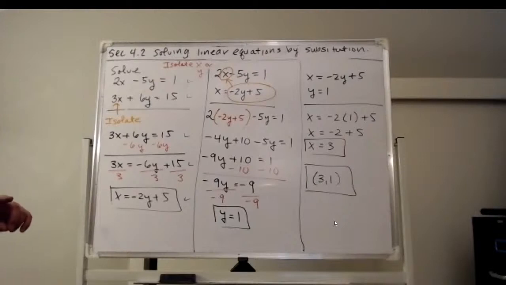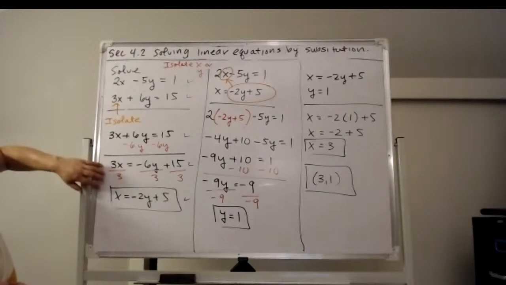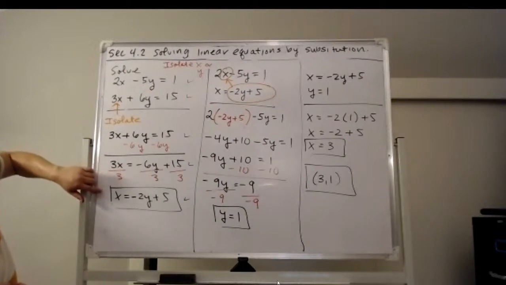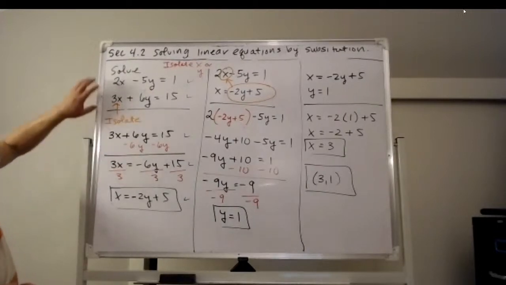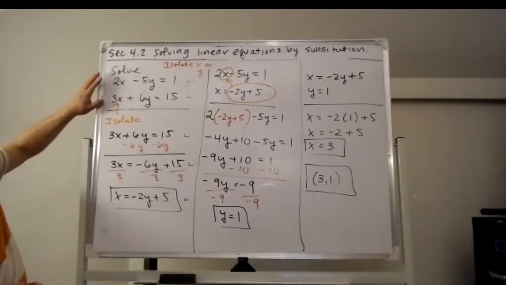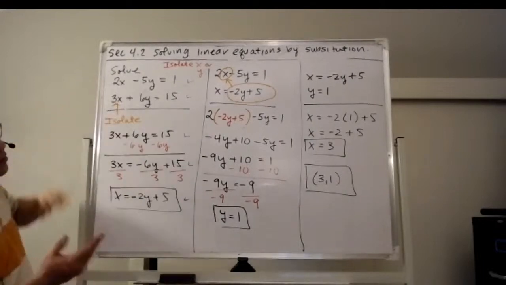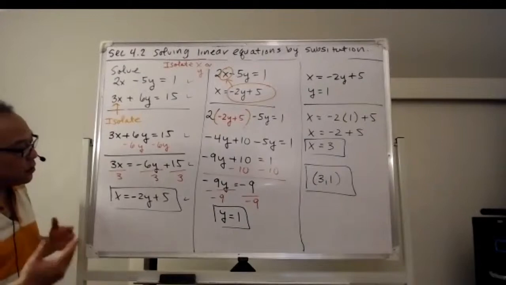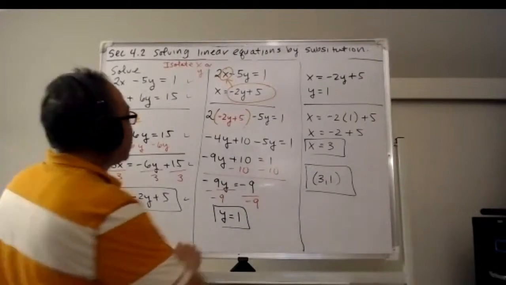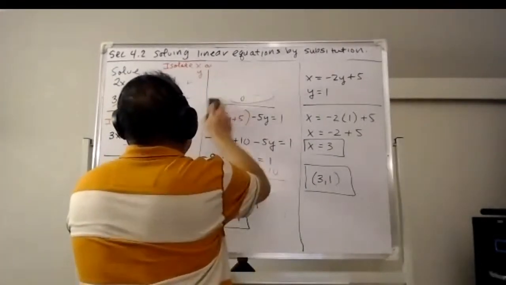Let's do one more of these. Well, actually, I want to sort of double down on the point. So over here, we said make sure you plug this into the other equation. Otherwise, bad things are going to happen. So let's see what bad things happen, and then let's explain why that bad thing happened.